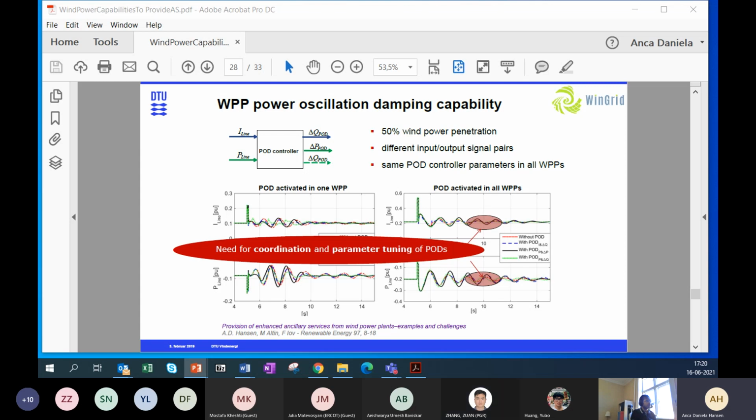Yes, and as I said, there are different configurations for how you can do it. I don't know if your question is about modulating active or reactive power. It's about active power. So active power, right? Yeah.